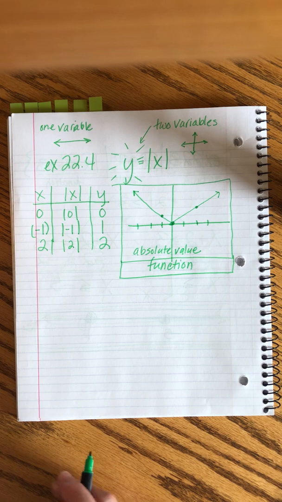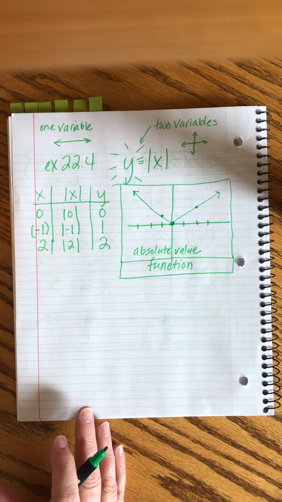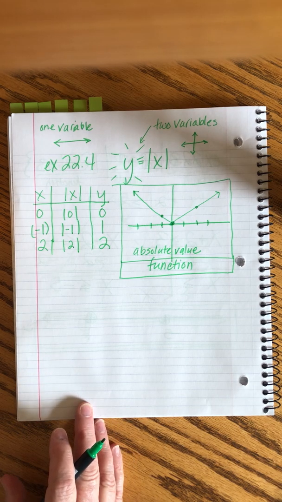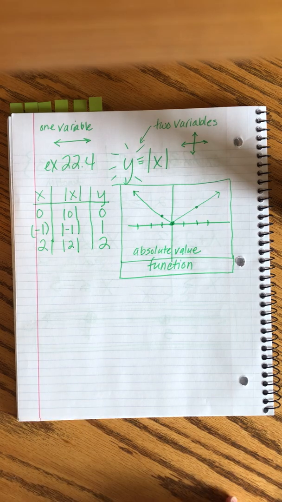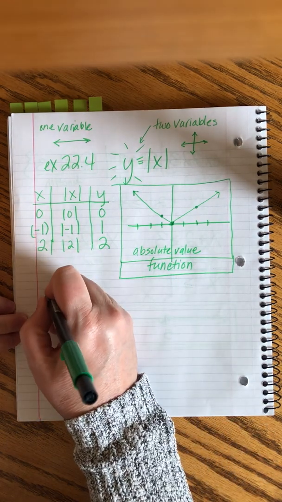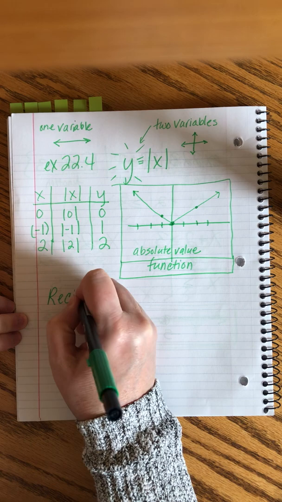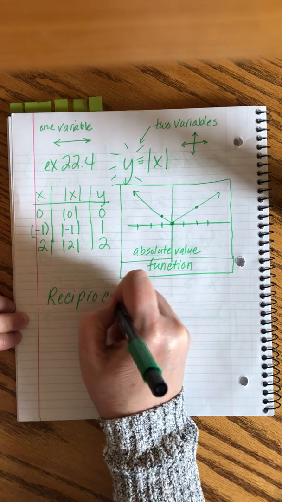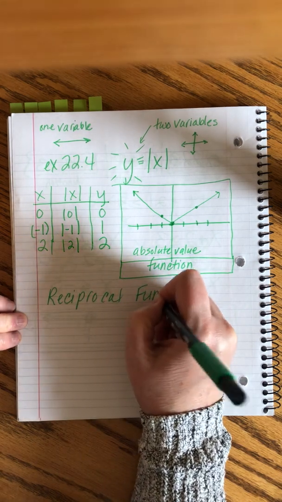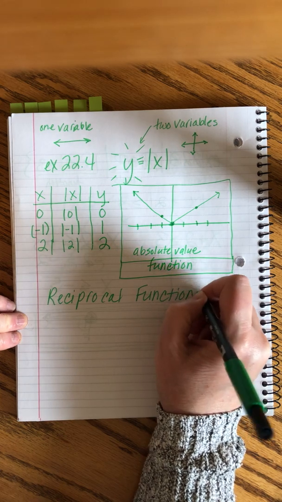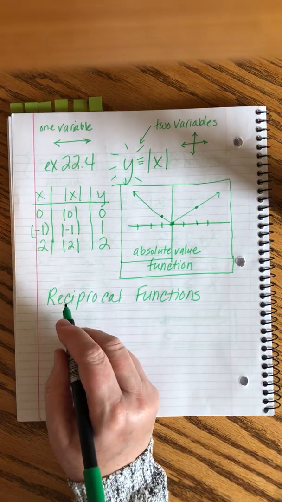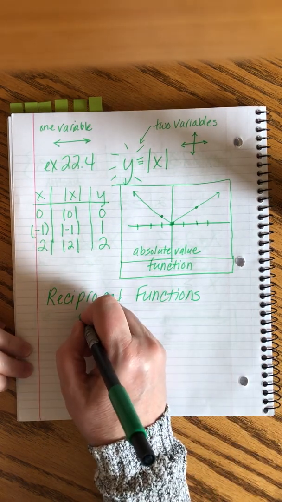Okay, that is all that I have to say about absolute values, but we want now to talk about a different kind of function. These are called reciprocal functions. And you know what a reciprocal is, and that's going to apply.